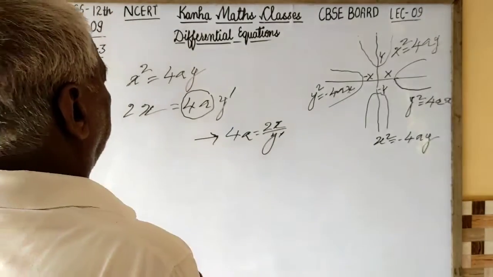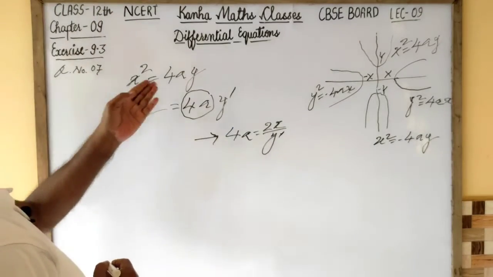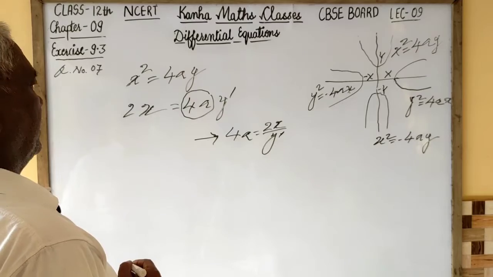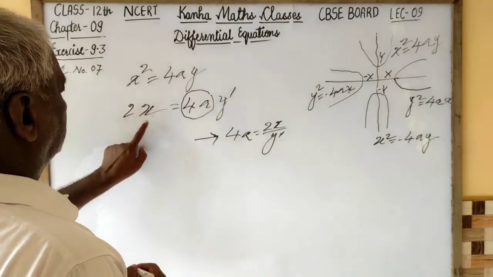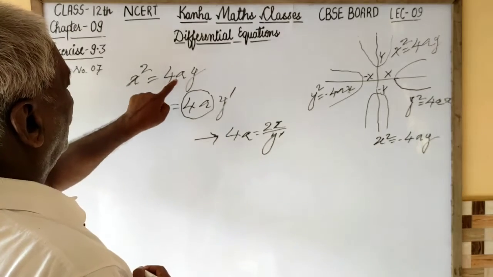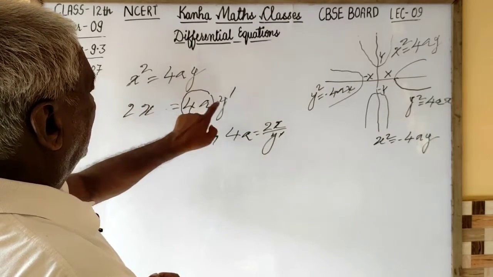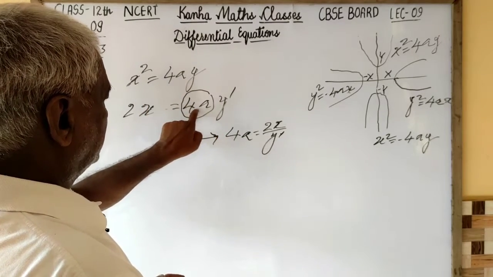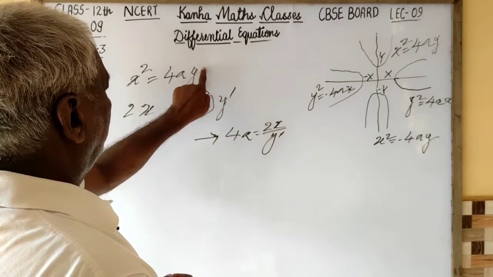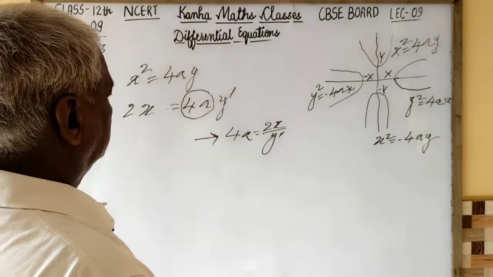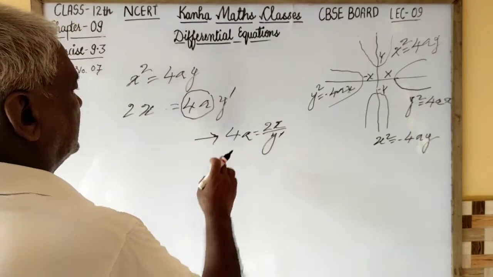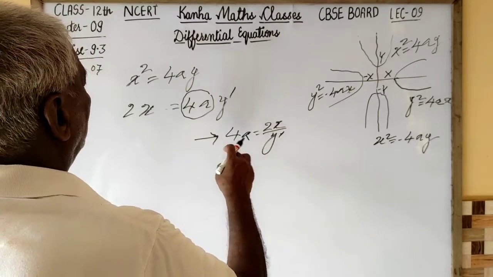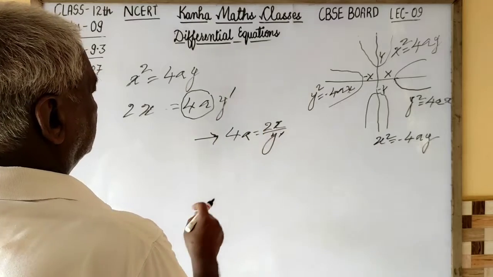From the first derivative of the equation of the parabola, x square is equal to 4ay, means 2x is equal to 4a, this is the constant, and derivative of y will be y dash. Now from this equation we easily conclude that 4a will be equal to 2x upon y dash.